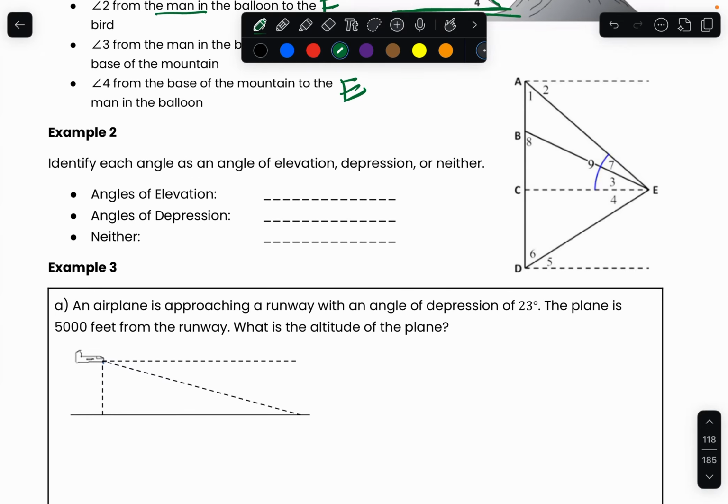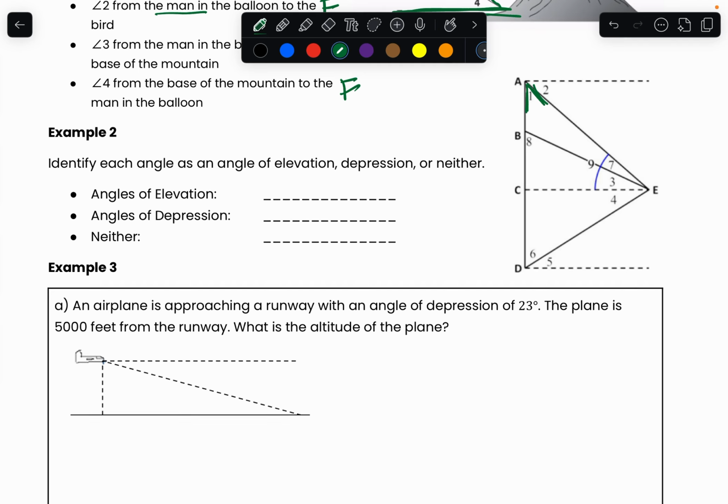So example 2, we're going to identify each of the angles as angle of elevation, depression, or neither. Let's look at angle 1 first. Angle 1 is right here. If you look closely at the two lines that form this angle, none of them is a horizontal line. Some of you might say, oh, this is looking down, so it's depression.